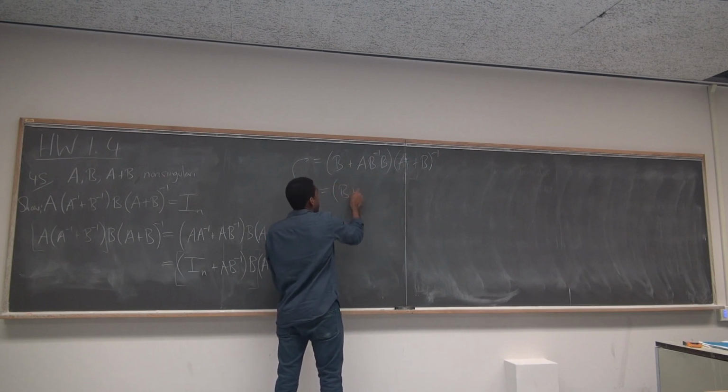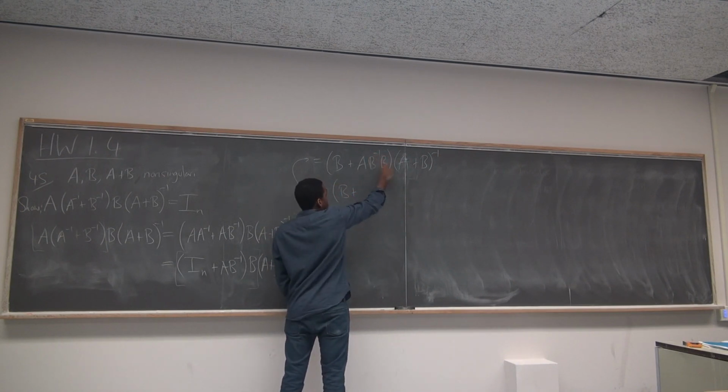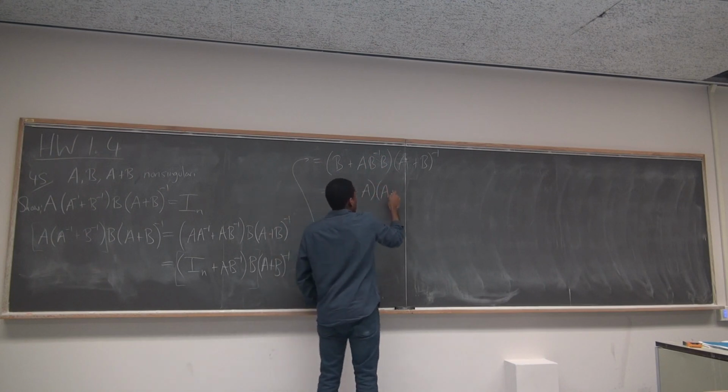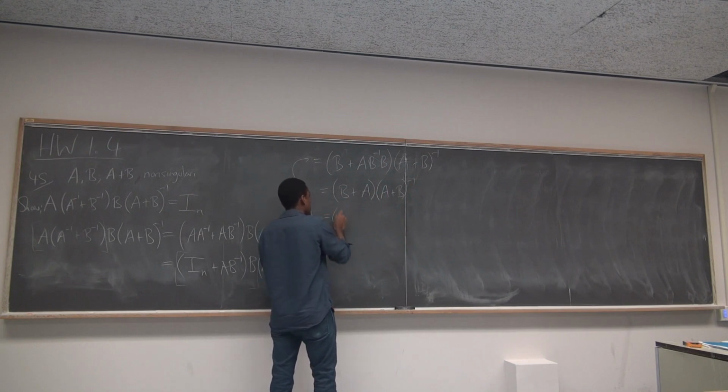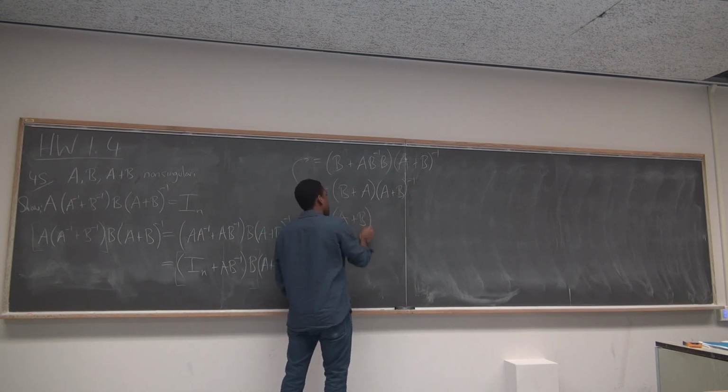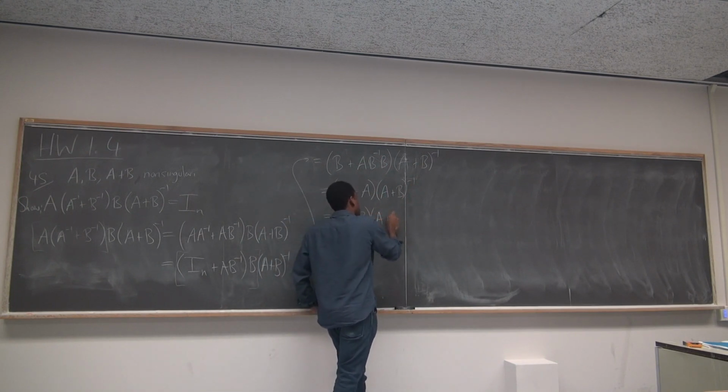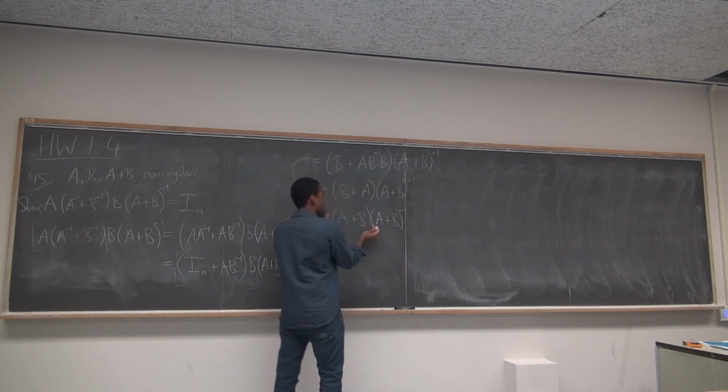So this is B plus A, because B inverse times B gives the identity, times (A plus B) inverse. And of course, B plus A is equal to A plus B, so you have A plus B times its inverse, and you get the identity.